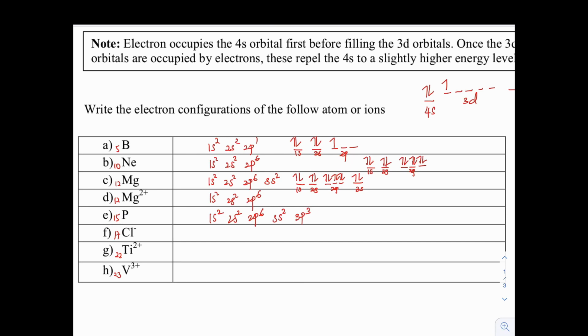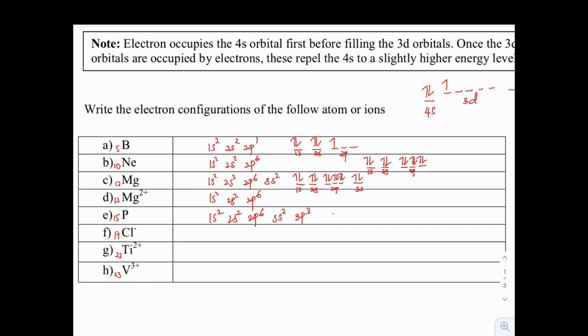Okay, now when it comes to this, some students will find that it is a bit too long to write out this configuration. We can use a short form like this. Okay, so remember, the short form can only use the group 18 or group 0 elements, for example, neon. We know that neon has a total of 10 electrons. So this is how we write the configuration for neon, right?